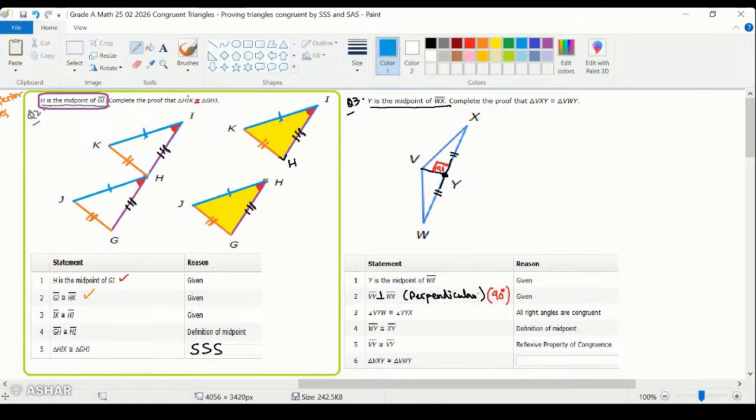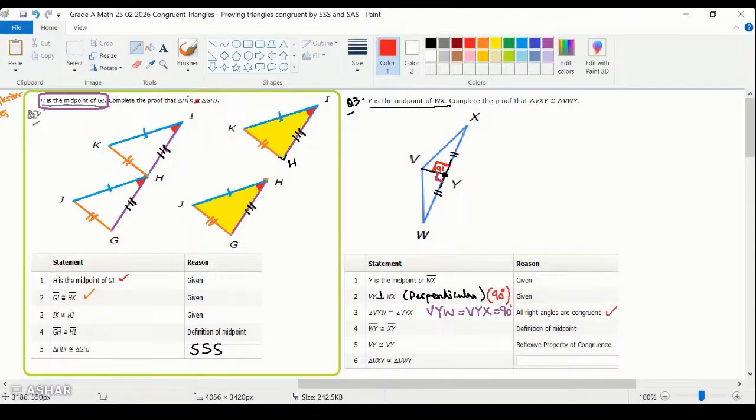I'll rewrite this so that it's clear to us. Angle VYW, this was 90, is equal to angle VYX. That's also 90. Perpendicular. These two angles are exactly the same. This angle and this angle are the same.